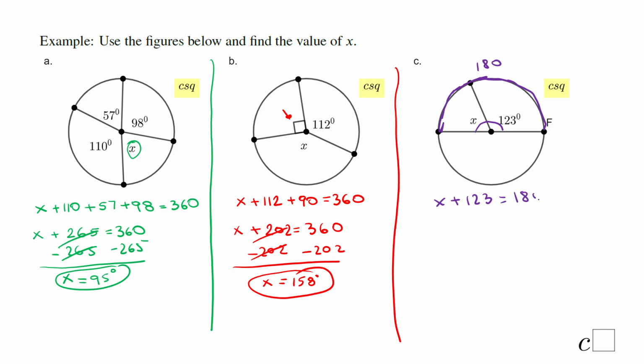Of course, you can use the same equation and write it for the corresponding arcs. Subtract 123, and we have here 180 minus 123. That will be 57 degrees. And that is about this example.